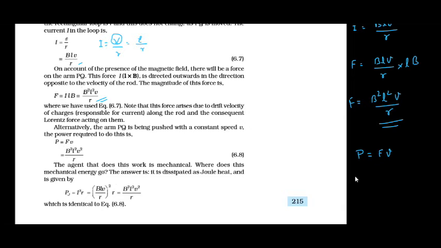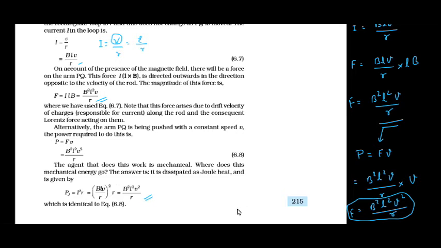And instead of F, we can write this value. So if we write this value, then B squared L squared V upon R multiplied by V. So ultimately we got P equals B squared L squared V squared upon R. This is P, power.